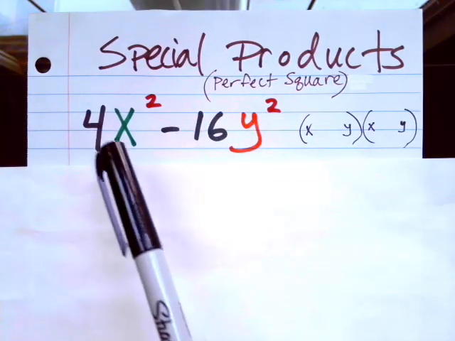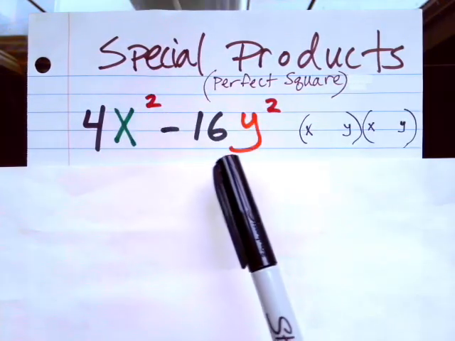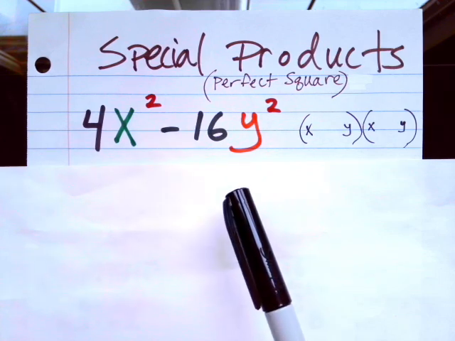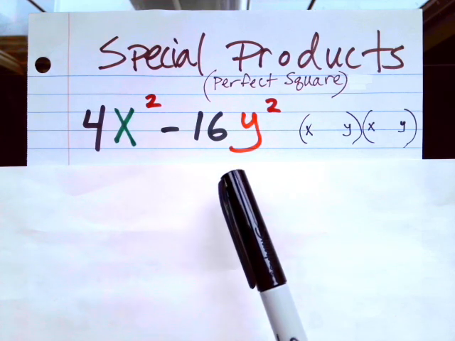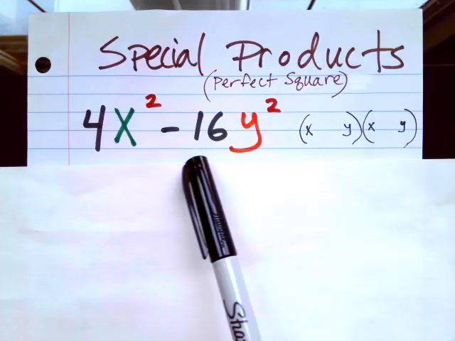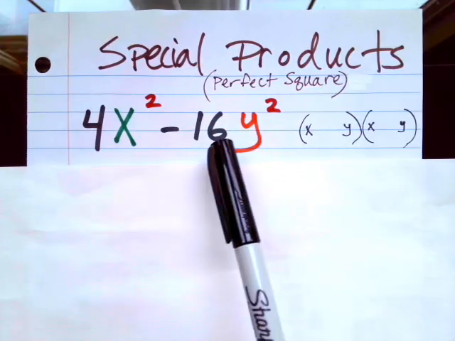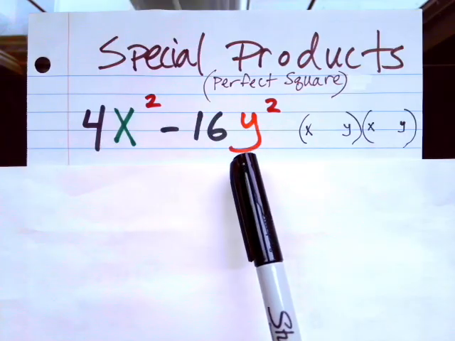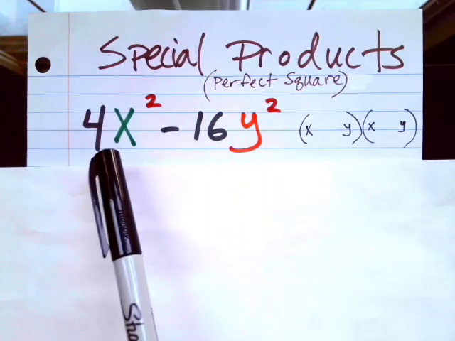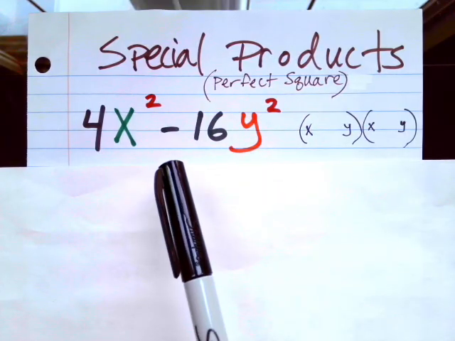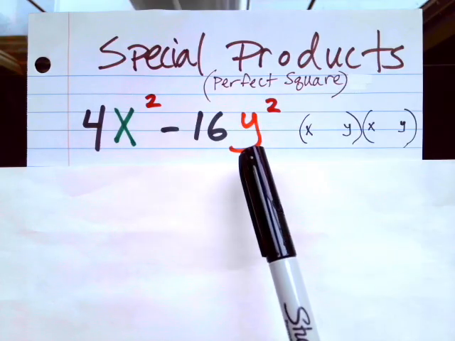What I'd like to show you in factoring any expression or equation is that you want to use the greatest common factor first. You want to check to see what you can divide evenly into both of these terms, 4x squared and negative 16y squared.